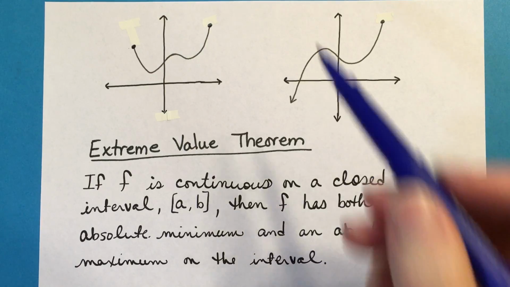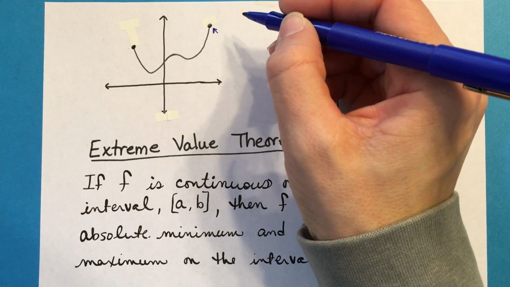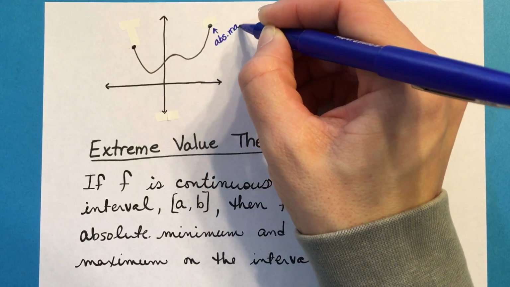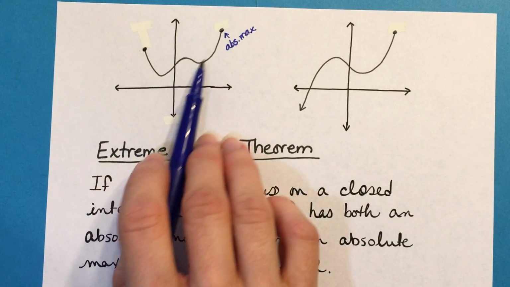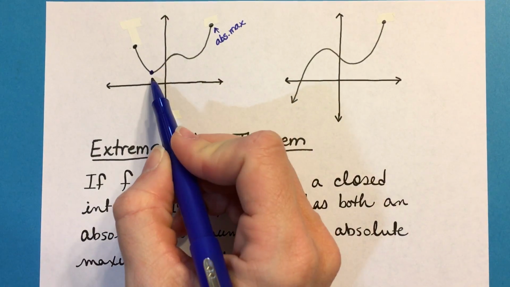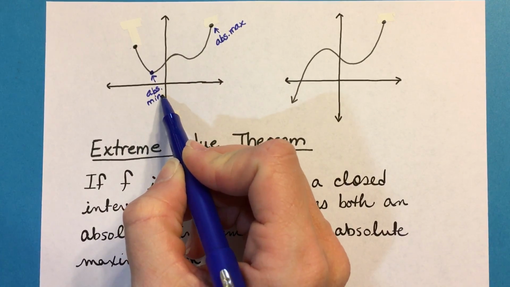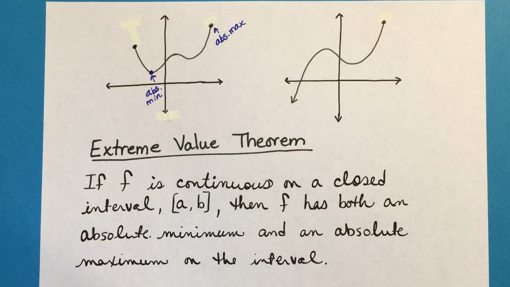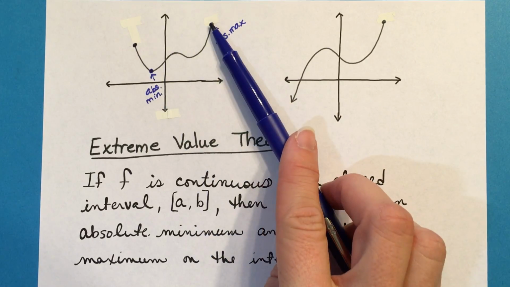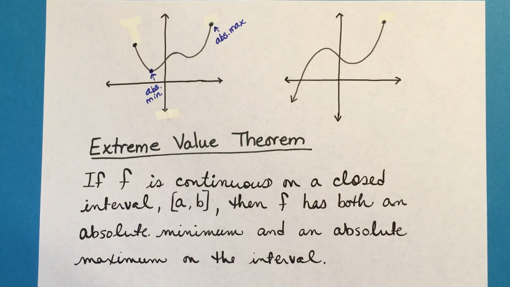Okay, so if this were our graph, the point that I have here at the top would be considered your absolute max, because it is the highest point that you have on this entire graph. But now the point that you have here, this would be considered your absolute min, because it's going to be the lowest point that you have on that whole graph. So sometimes you'll see that the max or the min occur at an end point, but it doesn't have to. It can occur somewhere in between the ends.